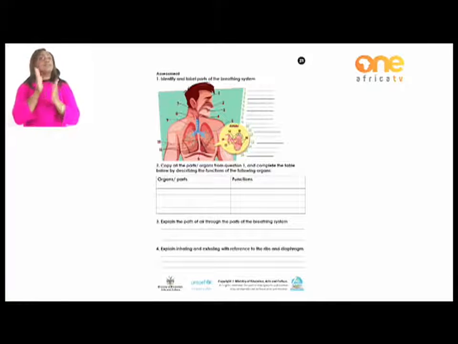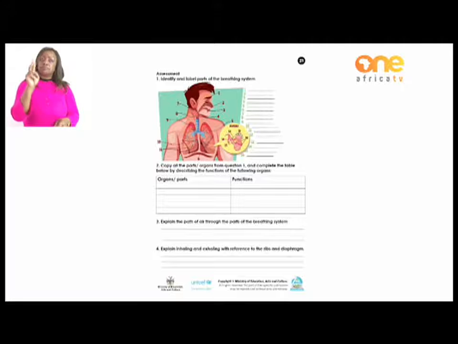Looking at the table there, it doesn't have up to number 16, but you're only going to look at the basic ones that you have looked at, the functions that you have previously discussed, which are nasal cavity, voice box, windpipe, ribs, and the diaphragm. You don't have to give the functions that we haven't looked at today. You only give the functions that we have learned today.